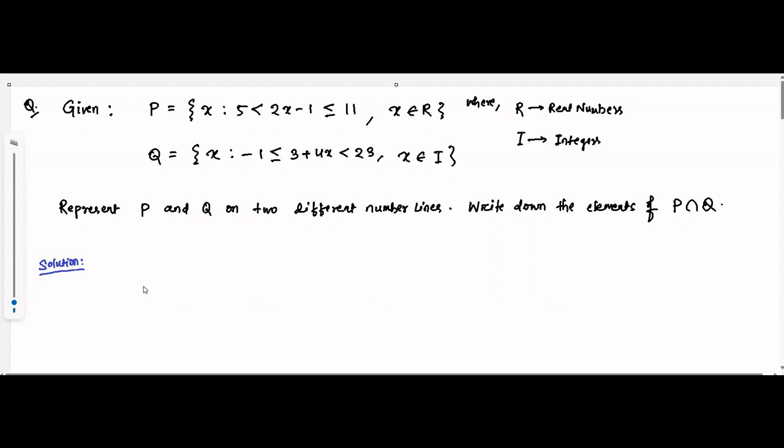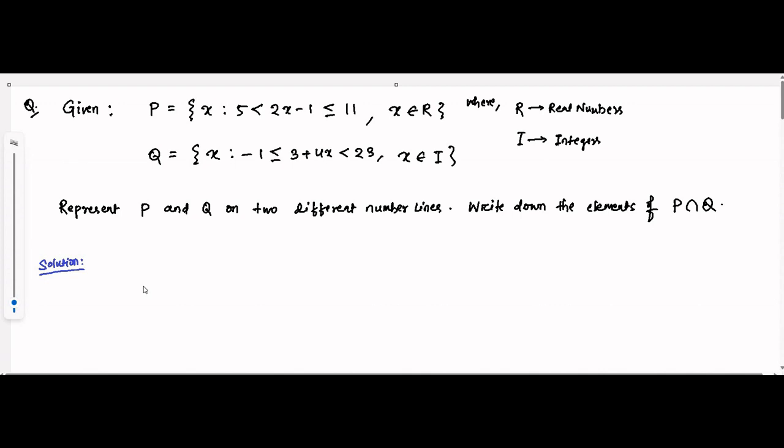So here is another question on linear inequations in one variable. Here it is given that there are two different inequations, P and Q. P is represented as x with the condition 5 is lesser than 2x minus 1 lesser than or equal to 11 with x belonging to the set of real numbers.